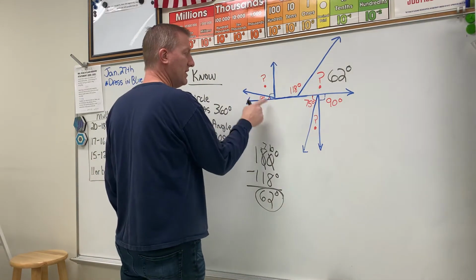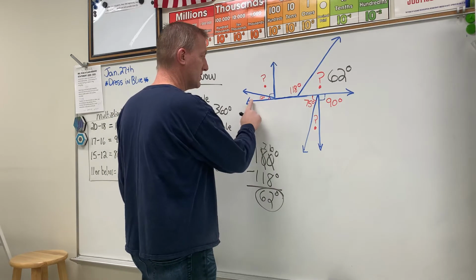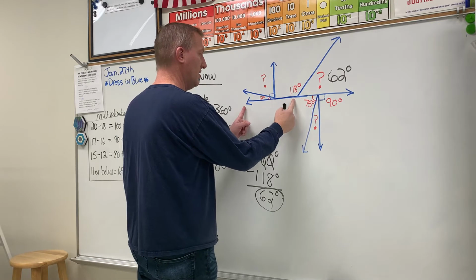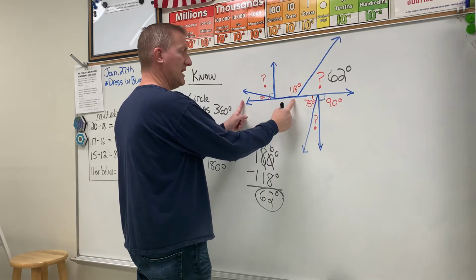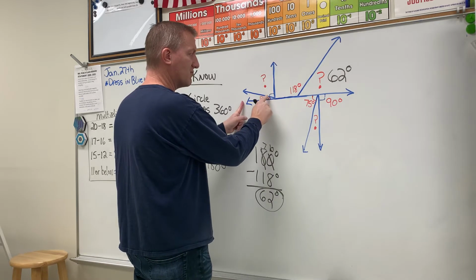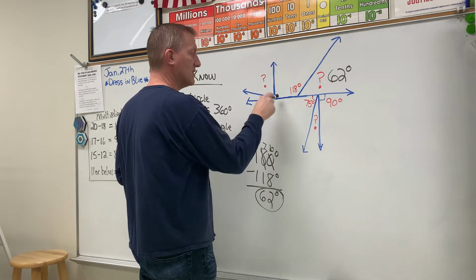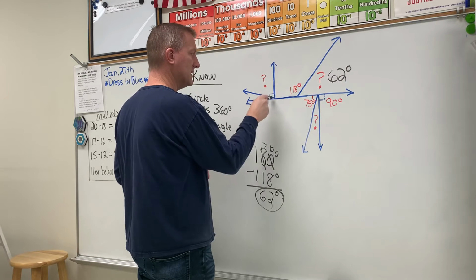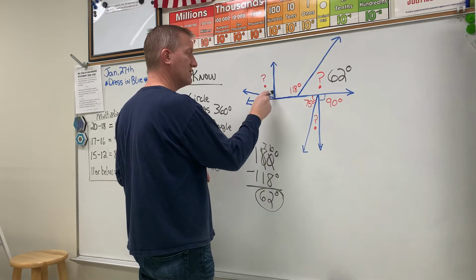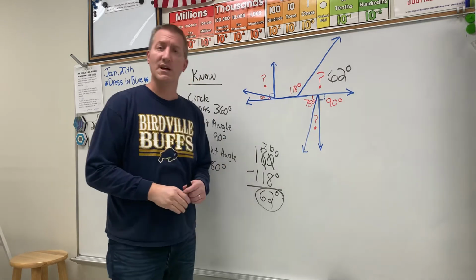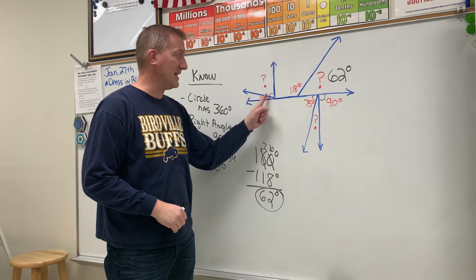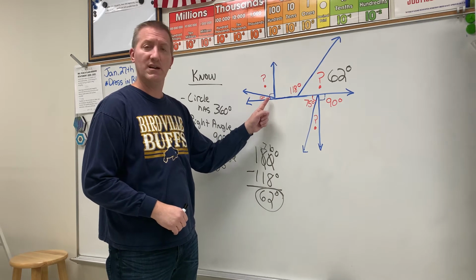Now let's come over here and solve this one. We know this is a 180 degree angle because it's a straight angle. And look what we have here. It says right angle, so we know this side is 90 because these two lines are perpendicular. So we have a 90 degree here, and it says we have a 90 degree right here.